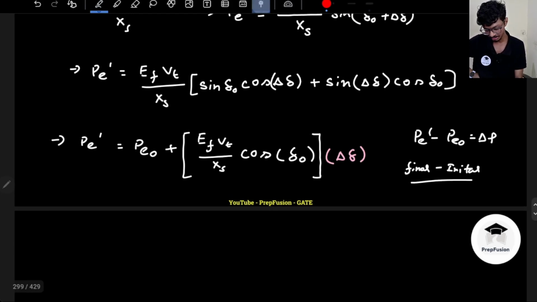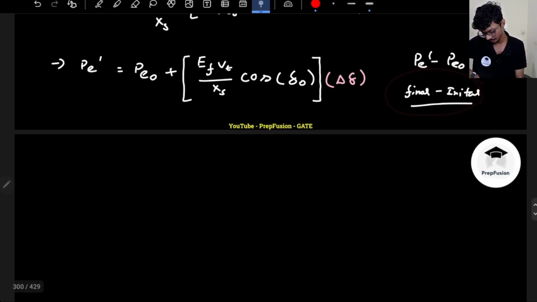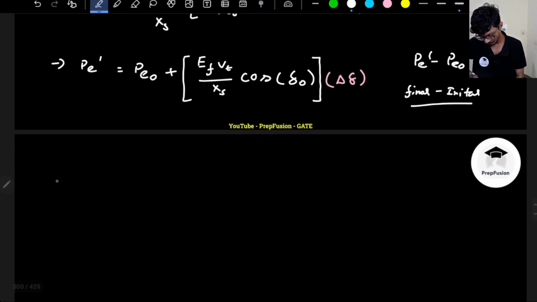Initially this was the developed power, now the required power is this much, right? So delta P, change in power, will be equal to this value.